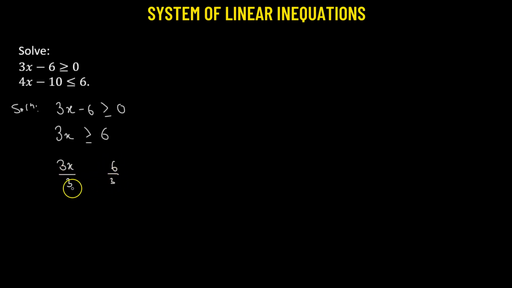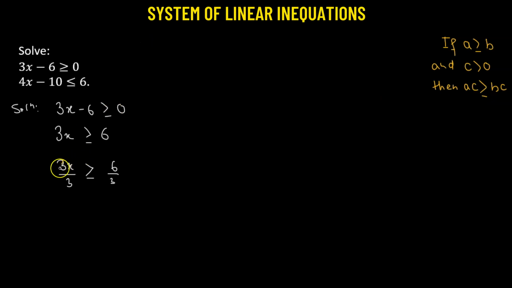Now in doing so, 3 being a positive number, there is no change to the sign of the inequality, meaning we'll use the property: if a is greater than or equal to b, and we have another number c, which is a positive number, that means greater than 0, then if we multiply a with c and b with c, then AC will be greater than or equal to BC. So there will be no change in the sign of the inequality.